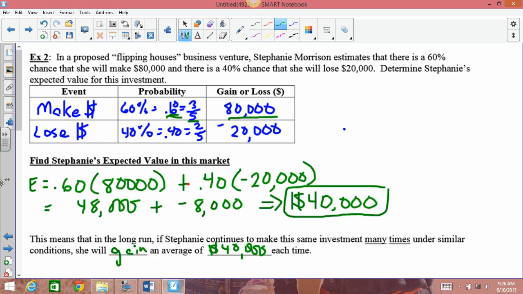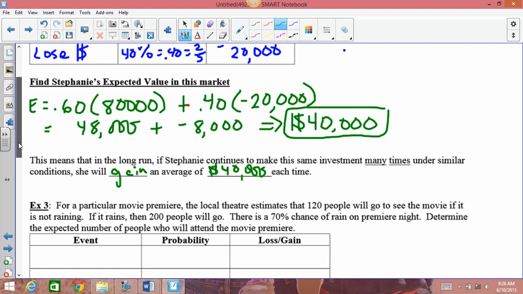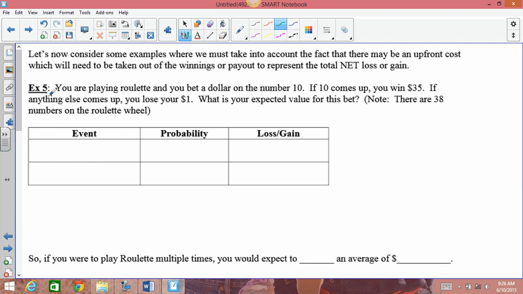I'll let you then work through examples 2 and 3. I think I've shown good notes on the solution key to be able to follow through with that. I'm going to flip over to our next page and look at example 5. This one's a little different because, hopefully you would have paused the video and worked on examples 3 and 4.